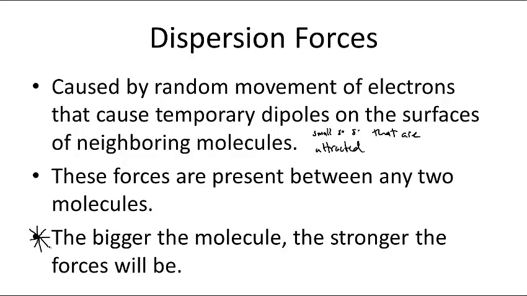You have more electrons moving, more chances for random spots of polarity. So the bigger the molecule, the more dispersion forces you'll get. That's why wax, which is a nonpolar molecule, is a solid at room temperature. Even though it's nonpolar, the molecules are so big that the random motion of electrons will allow them to stick together.